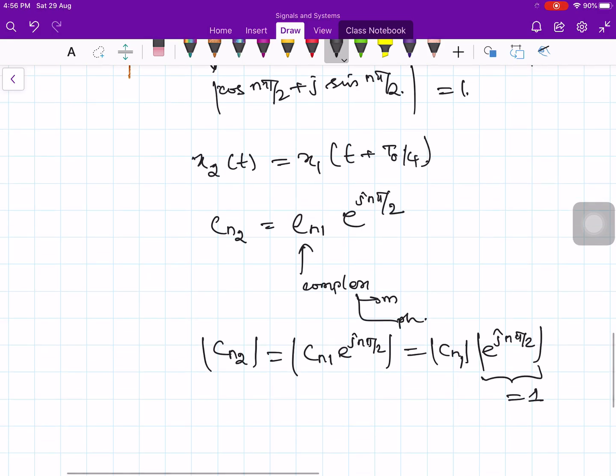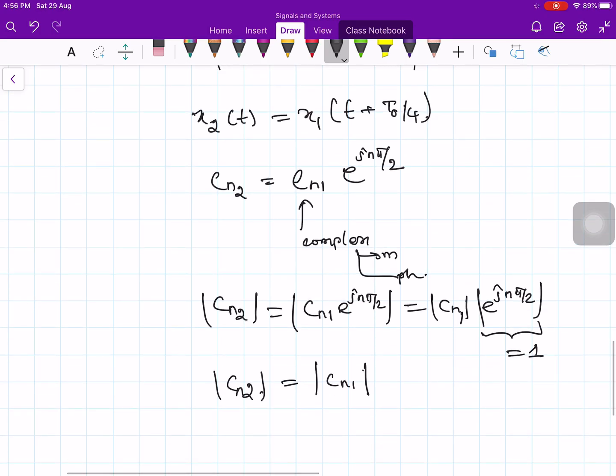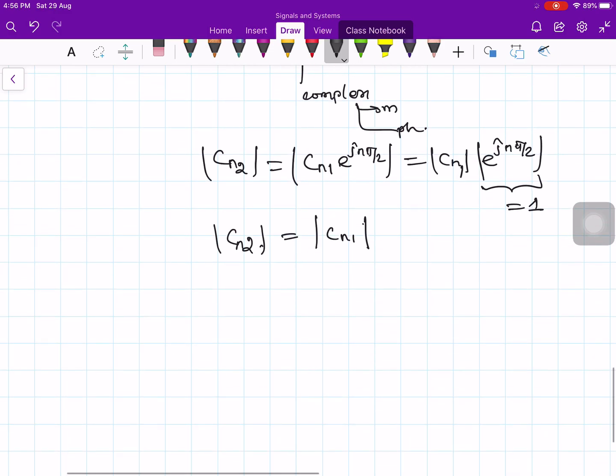Therefore, the magnitude spectrum of Cn2 is the same as the magnitude spectrum of x1 of t. The magnitude spectrum will be the same as that of Cn1. Therefore, no change.